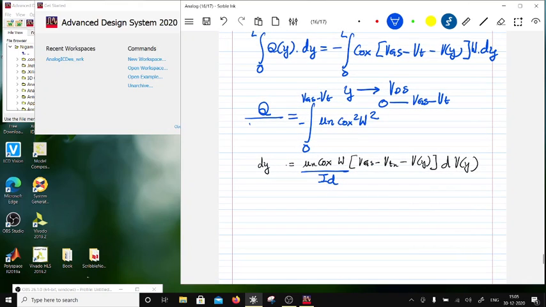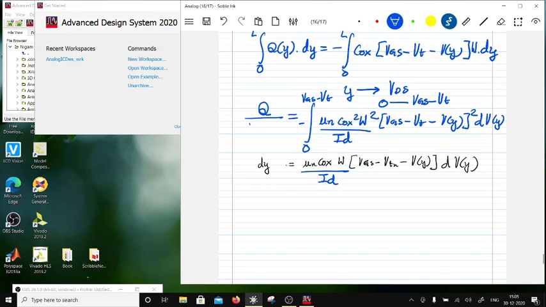So W squared times VGS minus VT minus V of Y squared times dVY. Now we are in the right integral, and this whole thing is divided by ID.